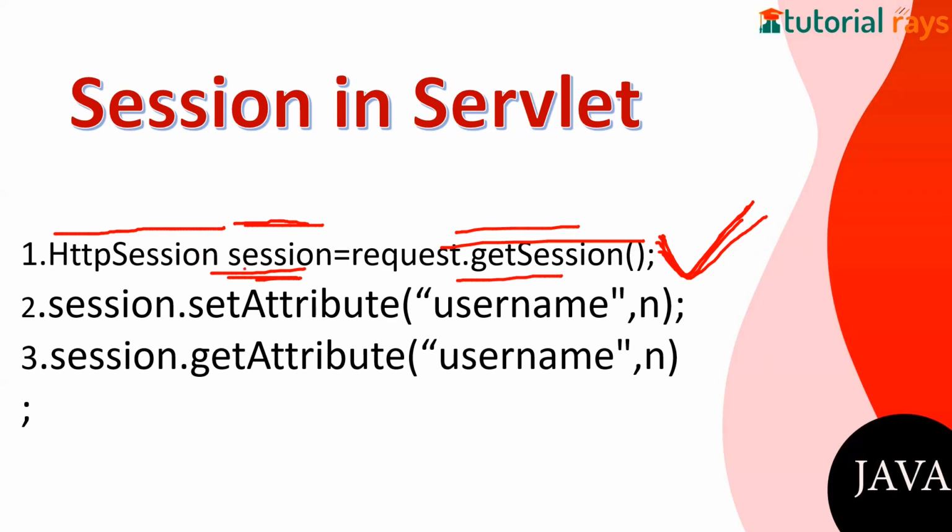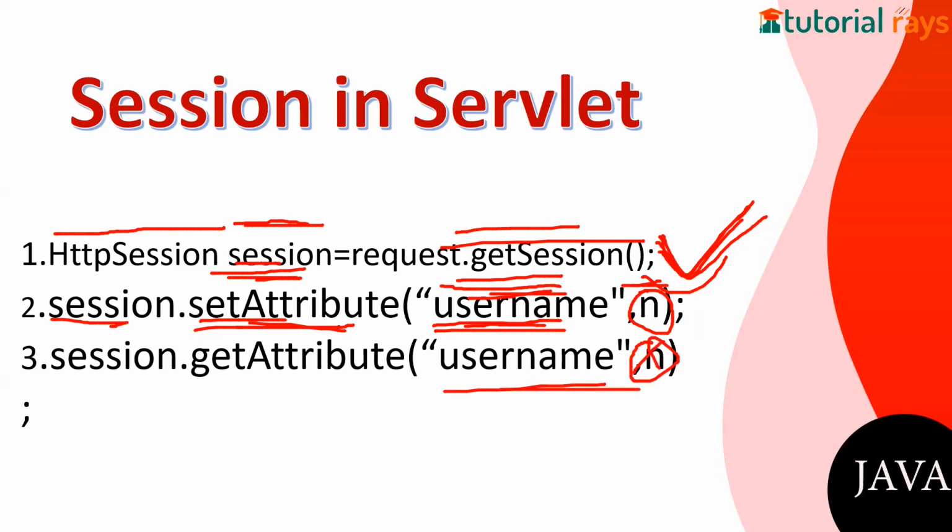After that, once we have created this, we set an attribute. Using the set attribute method, we pass a name and a value. So there are two things: key and value. First we pass username or whatever name you want to provide, and then its value. The last part is not required here.